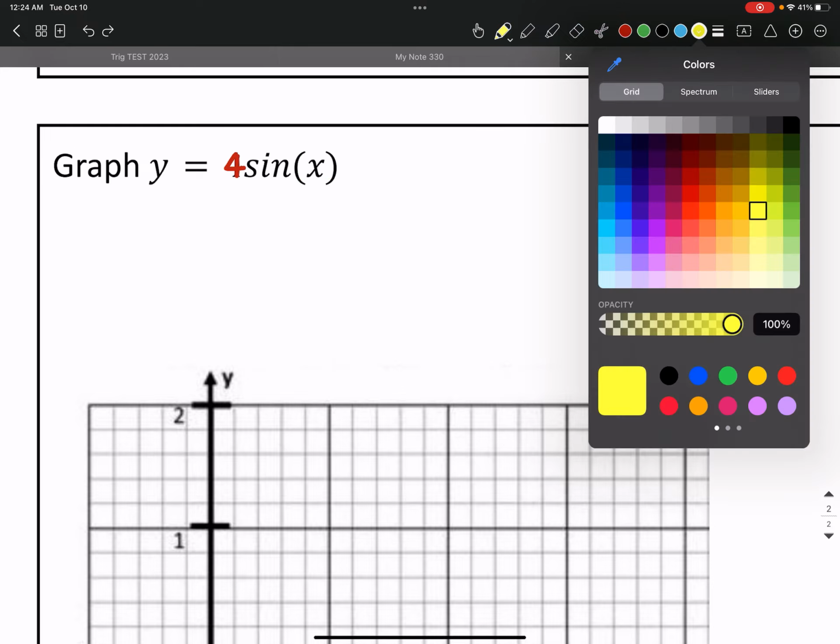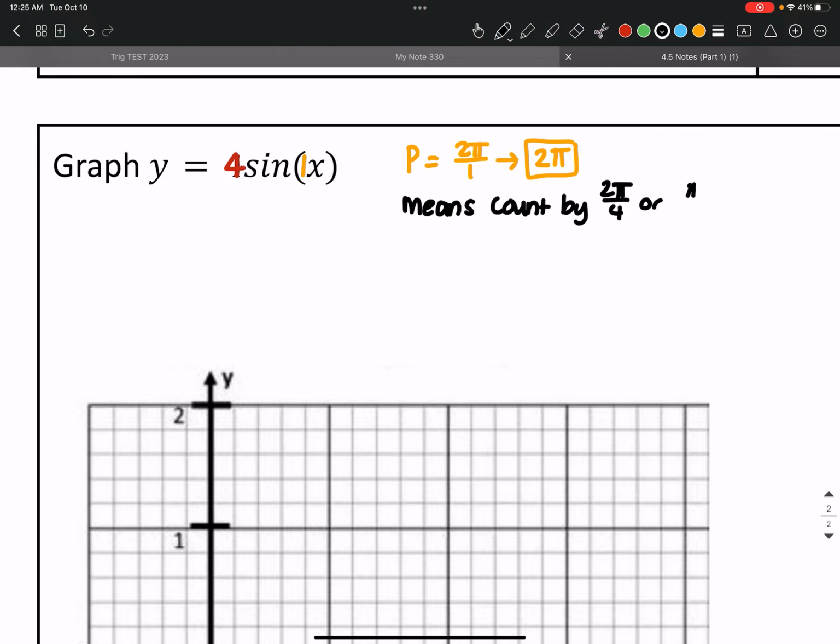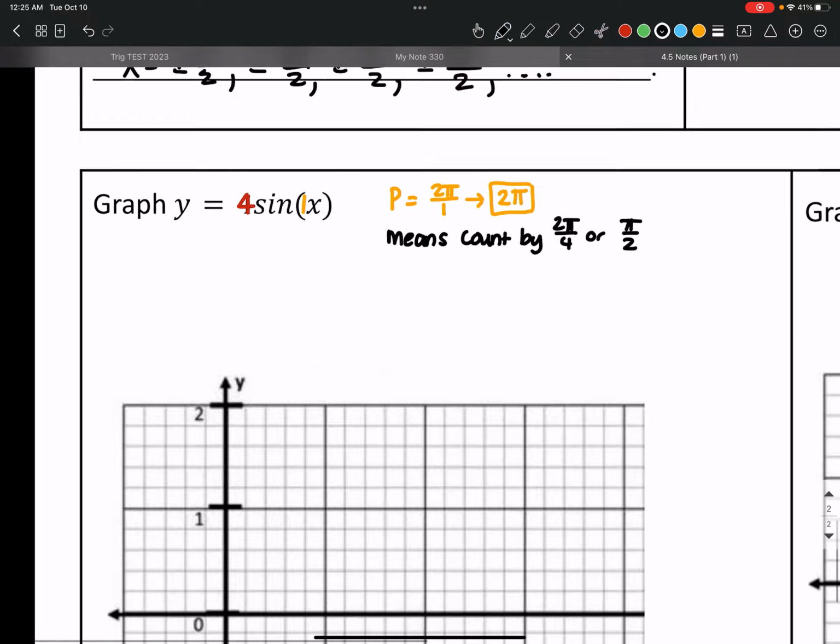Well, the coefficient in front of the x is 1, which means to find the period, I would do 2 pi over 1, or just get that the period is 2 pi. And if the period is 2 pi, that means if I cut that into 4, I'm going to count by 2 pi over 4, or pi over 2, just like I did in my parent functions up here.